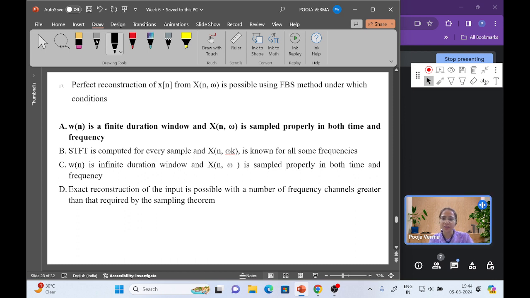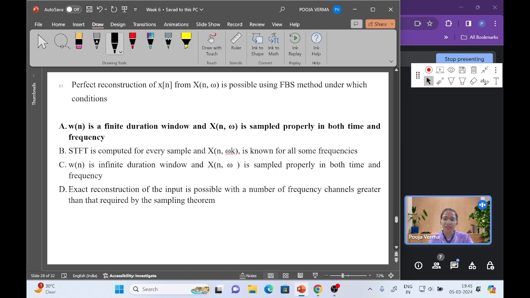Perfect reconstruction of x of n from x of n omega is possible using the filter bank summation method under which conditions? Option A: w of n, the window function, is a finite duration window, and x of n, omega is sampled properly in both time and frequency.